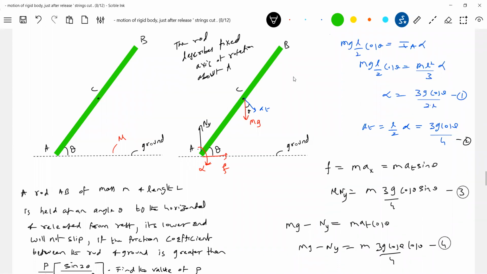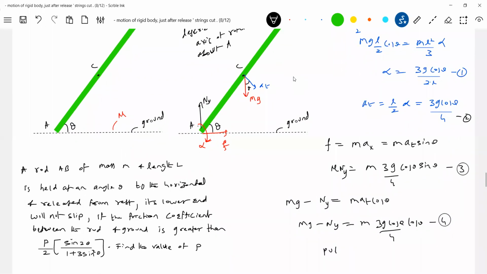Now substituting 4 in 3, Ny will get eliminated, and then solving for mu will get the required answer. So the value of mu will come out equal to 3. Check this one. This will be our answer.